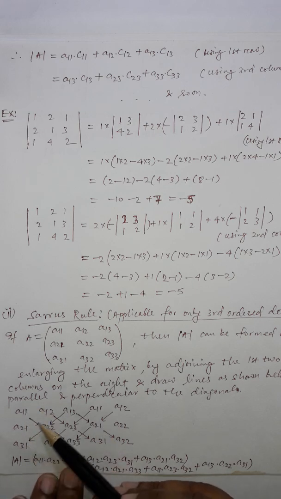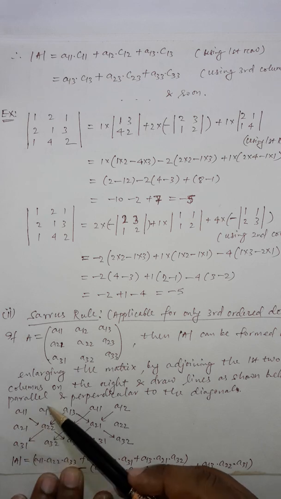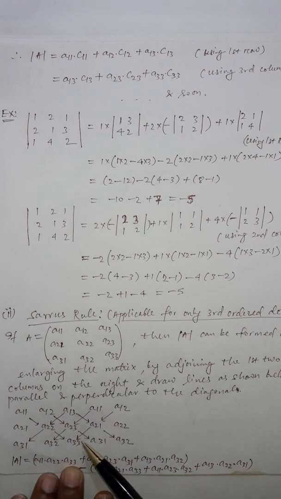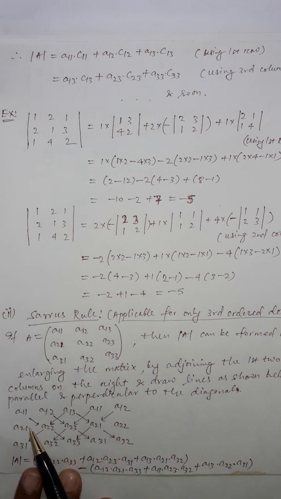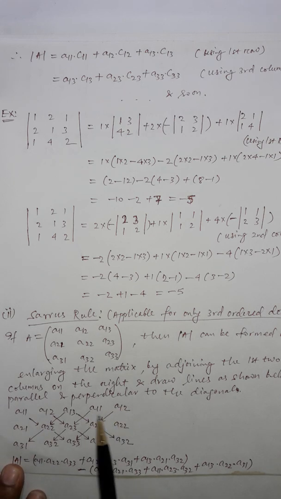See, first column, second column, third column, then again the first 2 columns are repeated on the right side of the third column. Then, starting from the first element, you move diagonally and multiply the elements parallelly.